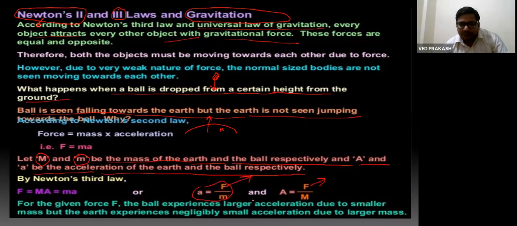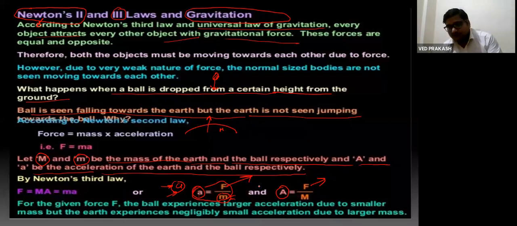But here small a is F divided by small m. If you divide any number by a small number, you get a greater value. So a is far greater than capital A. You can say that this object will move with greater acceleration in comparison to the acceleration produced in the earth with the same amount of force.